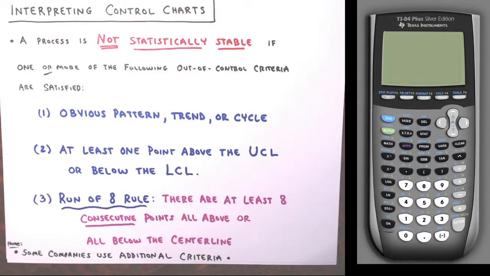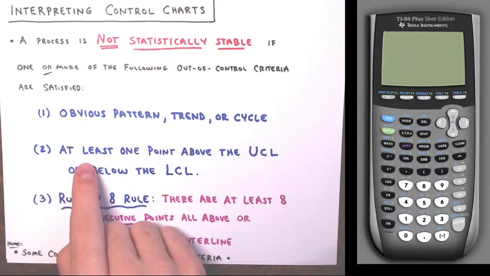Maybe all the data points are close to forming a straight line, or a parabola shape, or a wave or a sawtooth pattern. If there's some obvious pattern or trend or cycle in the data, that's not a good thing. We'll say that the process we're monitoring is not a stable one, not in statistical control.